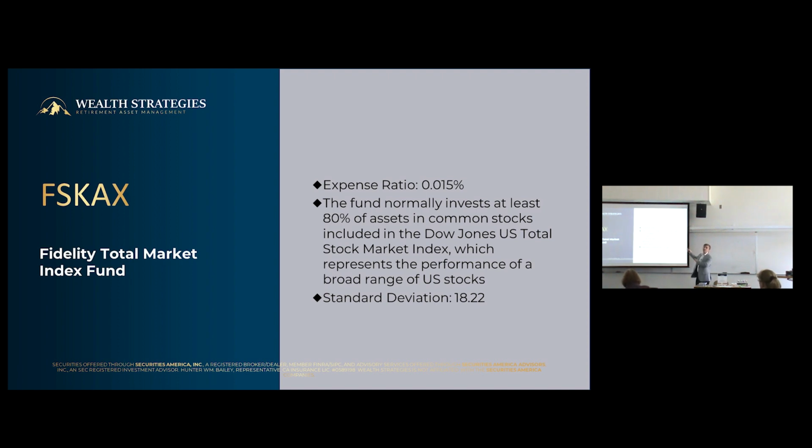Now, don't get confused. It doesn't mean that we're investing in the Dow Jones Index, because that'd only be about 30 stocks. But we're looking at one of the indexes that Dow Jones does produce, which is their Total Stock Market Index, which I think I remember having about 3,800 individual stocks or something along those lines.